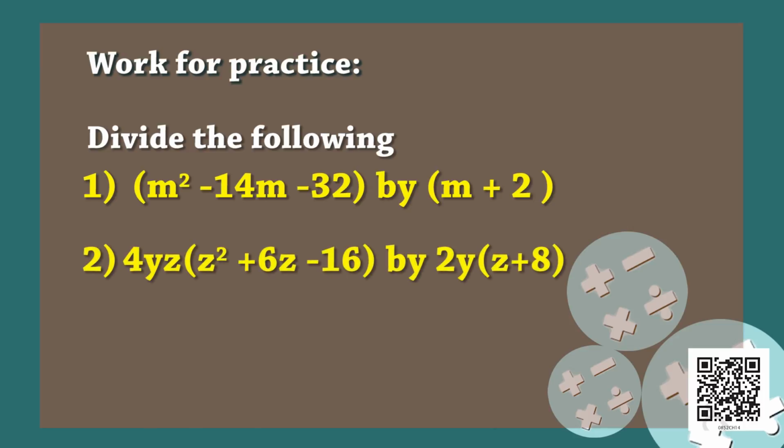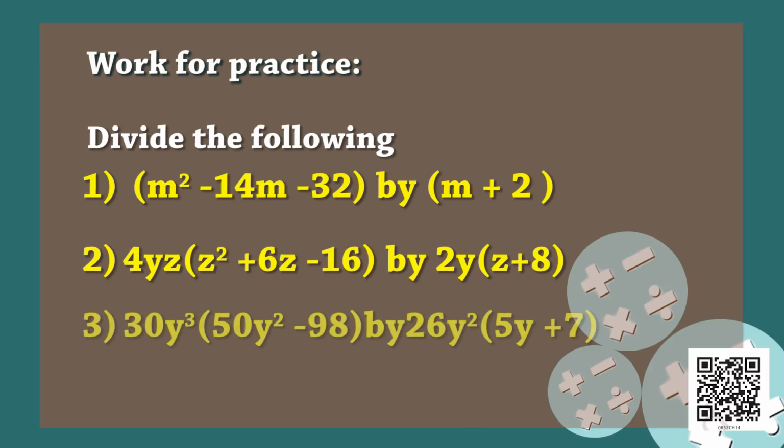Number 2, 4yz into z square plus z minus 16 by 2y into z plus 8. Third one, 30y cube into 50y square minus 98 by 26y square into 5y plus 7. So, in this way we can perform the division operation among the given algebraic expressions.